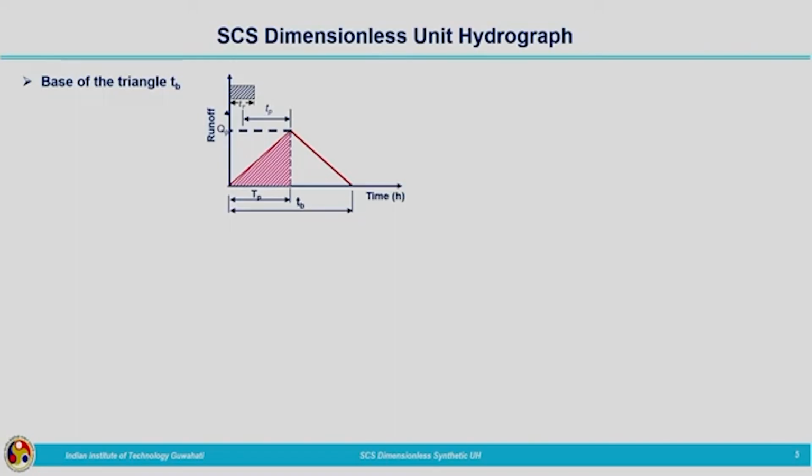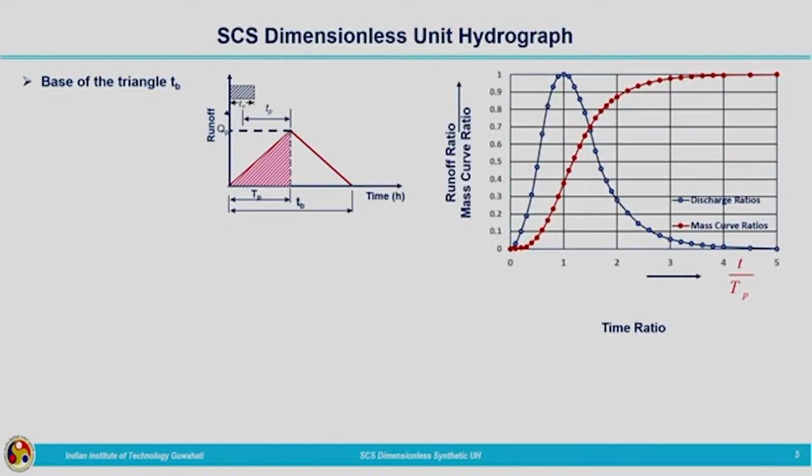For that, I have plotted both the triangular unit hydrograph and the dimensionless SCS unit hydrograph. This is the same unit hydrograph which was shown as the dimensionless SCS unit hydrograph before, but this is drawn to scale. Along the y-axis we have the runoff ratio, that is Q by QP, and also the mass curve ratio.